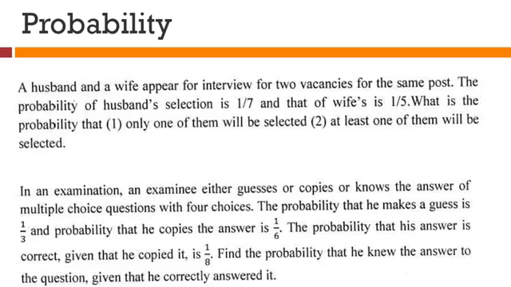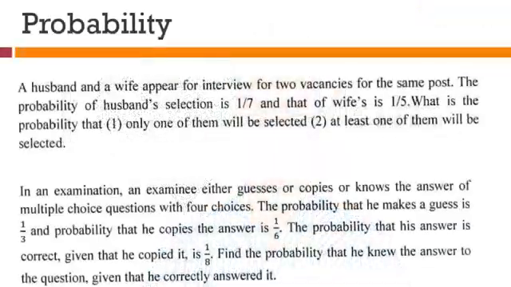One of them getting selected means only one of them, either only A or only B. So we can say A B dash plus B dash A. That will be only one. At least one, as I was telling, is the union, so it can have A B complement plus A complement B. Like this we can figure it out, and this is a classical probability question using set theory.